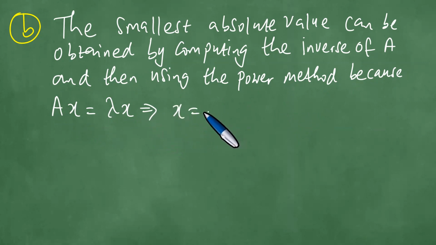Solving for x means, therefore, we have x equals what? You multiply by the inverse of A.